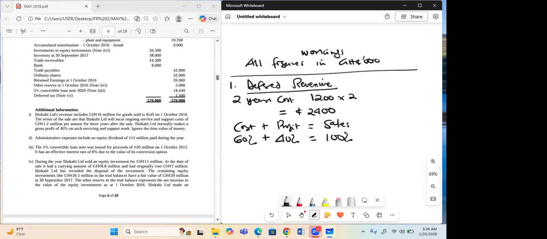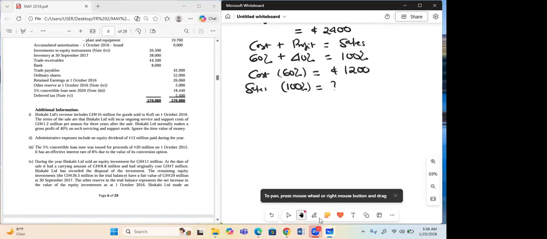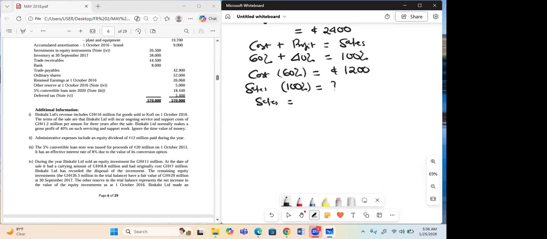Therefore, if the cost, which is 60%, is equivalent to 1,200, then the sales value corresponding to that, which is 100%, will be 100 over 60 times.